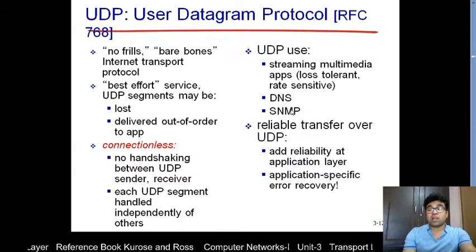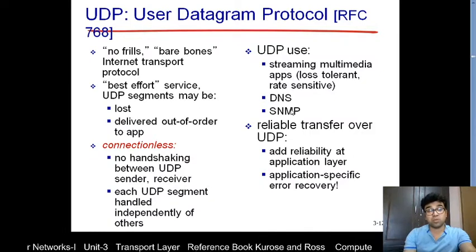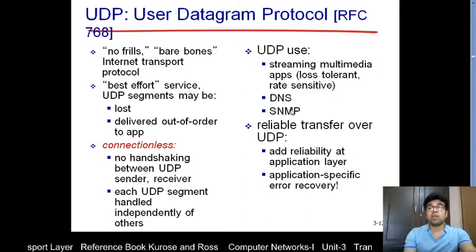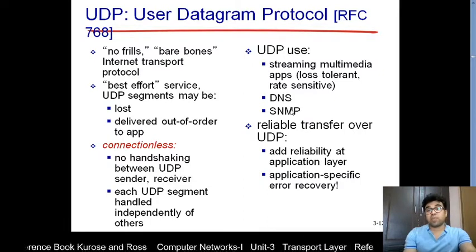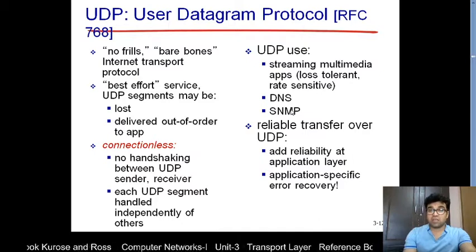So when the DNS query comes down to the transport layer, here the responsibility of the transport layer starts. And as we know, DNS is an application which uses UDP as a transportation service. How UDP provides process-to-process delivery, we will see shortly.